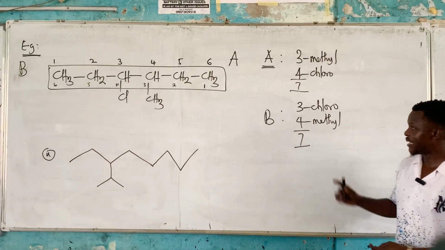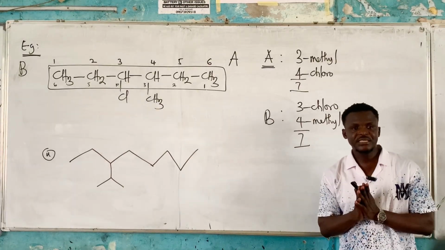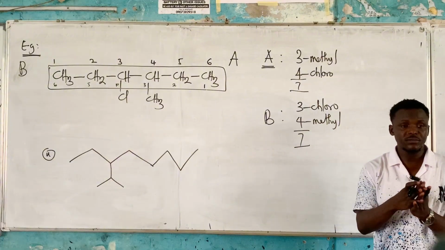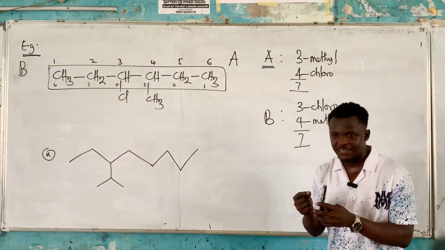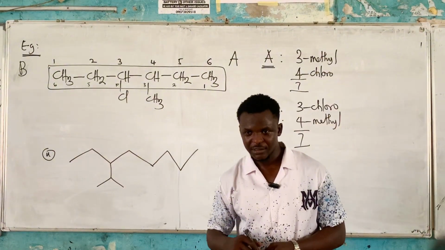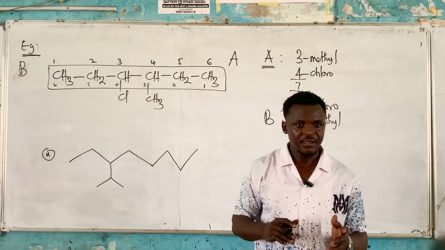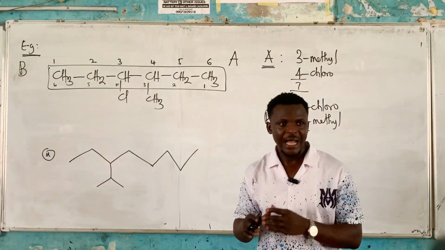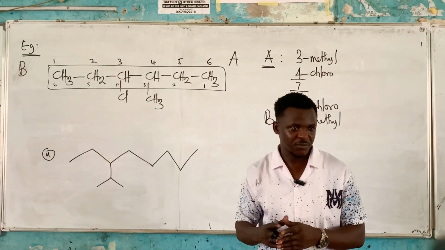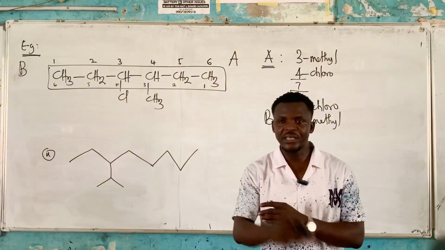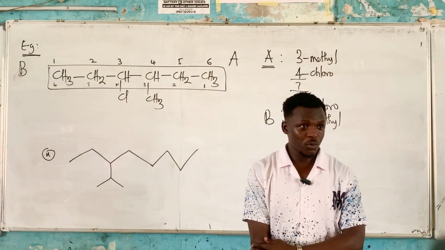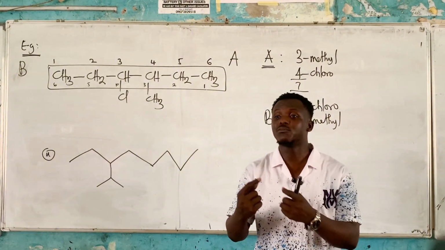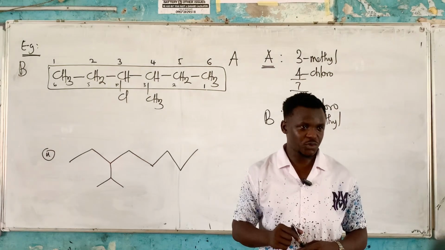Class, in cases like this, alphabetical order comes into play. The one that is cited first takes the smallest number. Between C that starts chloro and M that starts methyl, which of them comes first alphabetically? Chloro. So therefore, the one where chloro has the smallest number is the one we are going to follow.